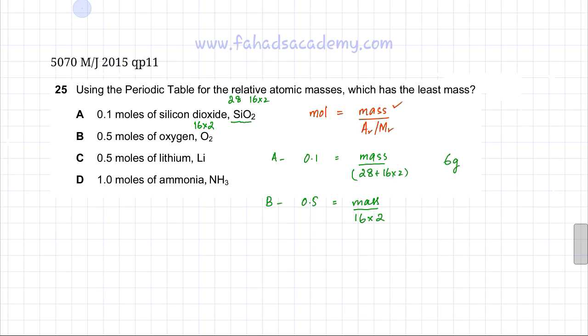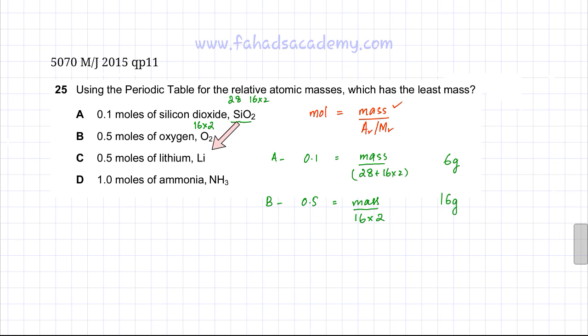Using my calculator, the value that I'm getting is 16 grams. So for B, the mass of 0.5 moles of oxygen comes out to be equal to 16 grams. Let's move to option C now.